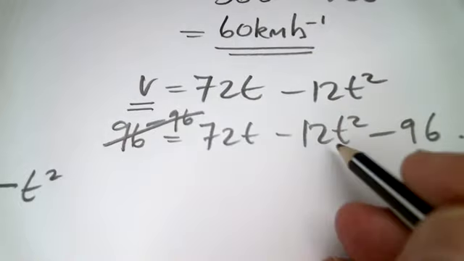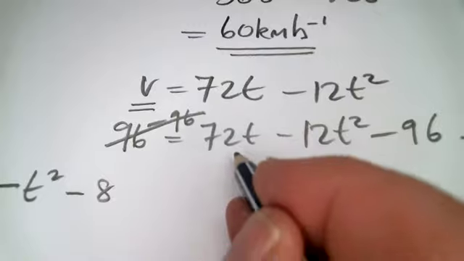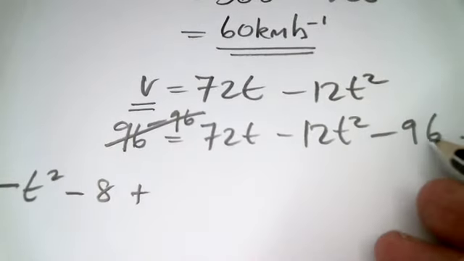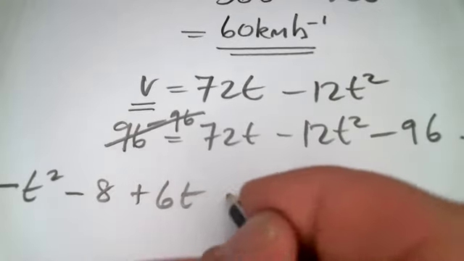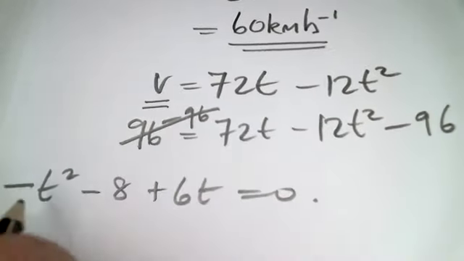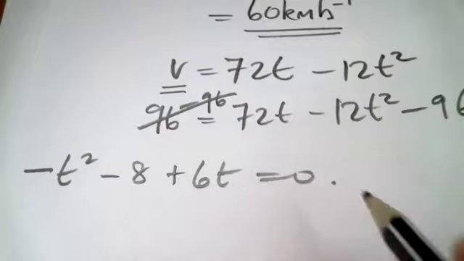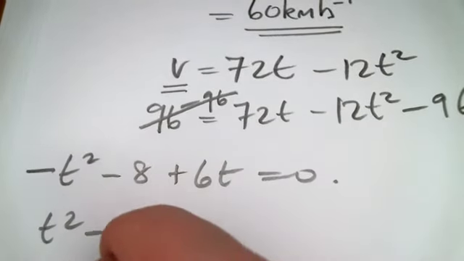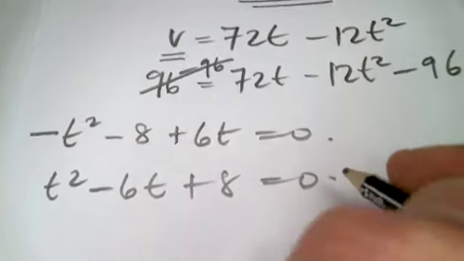So we're going to have minus 8 over here, and plus 6t, and that's going to equal 0. Now, I don't like the negative out the front there, so I'm going to multiply the whole lot by negative 1. Everything, including the 0, by negative 1 gives me t squared minus 6t plus 8 is equal to 0.